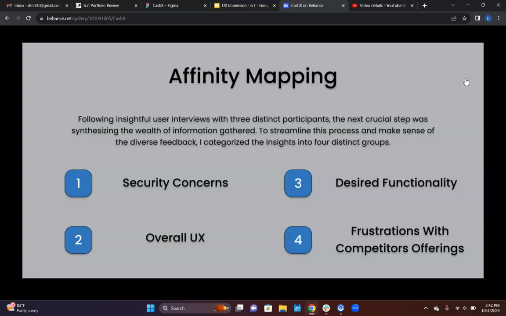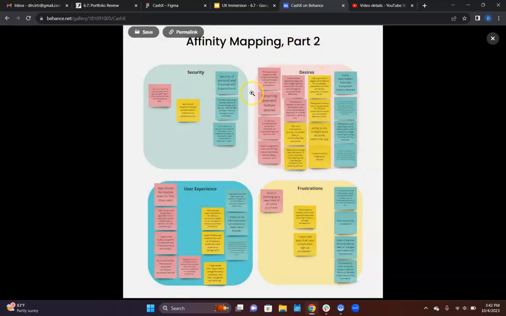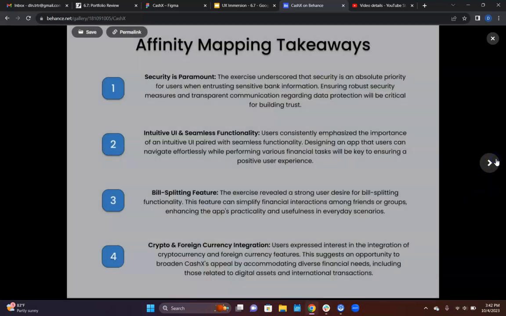One being security concerns, another being overall user experience, the desired functionality of similar apps, and frustrations with our competitors' current offerings. Here you can see different users I interviewed and some quotes and insights from those interviews. And then I sorted their quotes and insights into those 4 different categories.